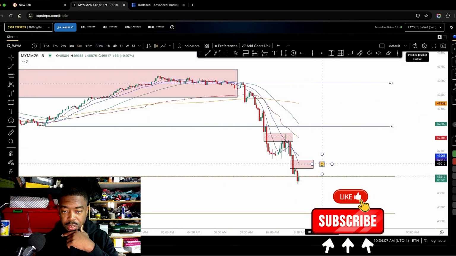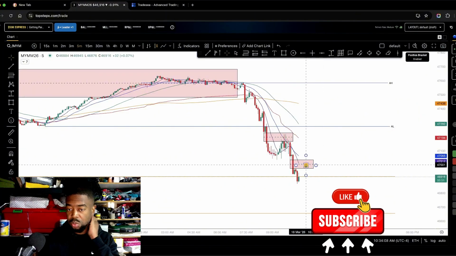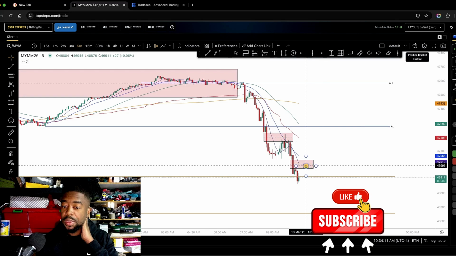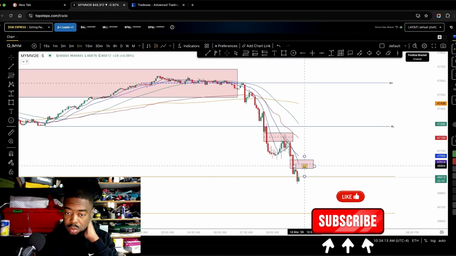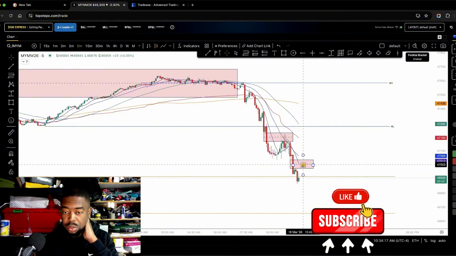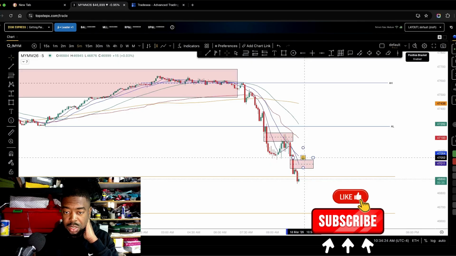But we have this gap here on a bearish trend, so we want to continue to focus on a bearish trend, unless we inverse this gap. Then we'd have to do this one, which probably would.